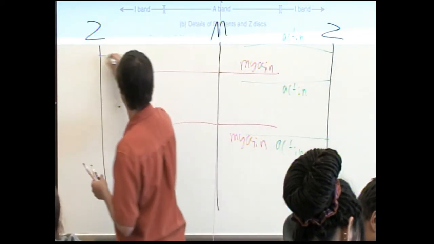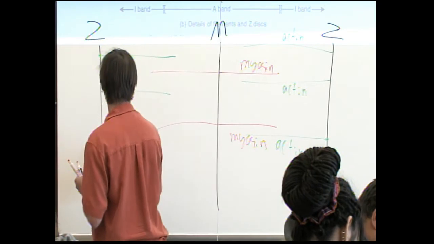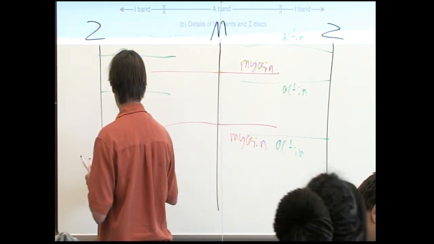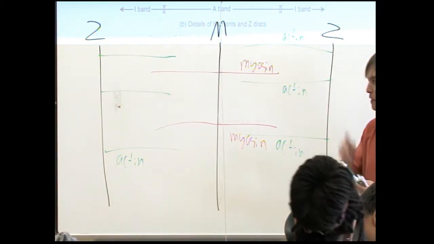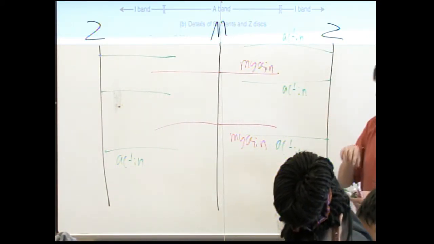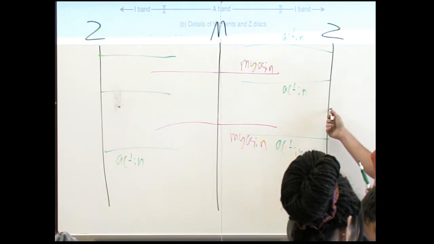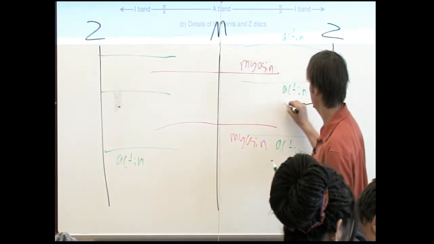Same thing on the other side. And then our titin comes from the Z to the M. We draw however you want.